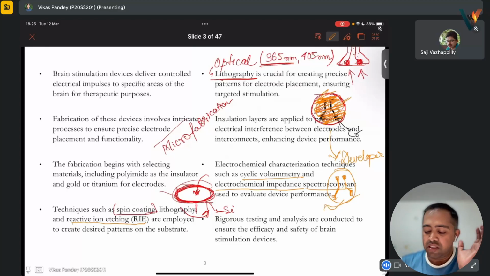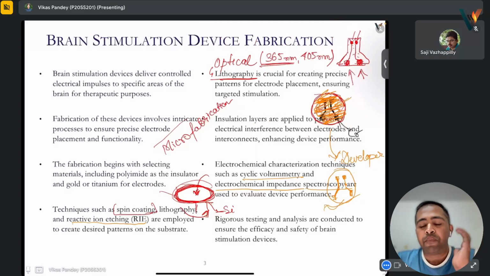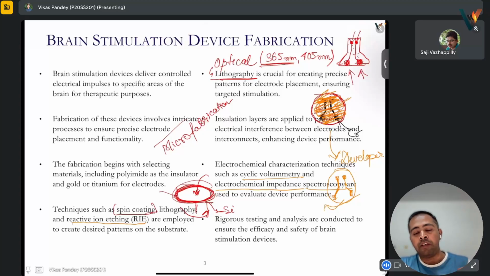A very rigorous testing has to be done before moving towards putting it directly into someone's head. Like in the previous class, we were discussing whether it is commercially available or not. These things need very rigorous testing and analysis before they can even be tested on a human being.